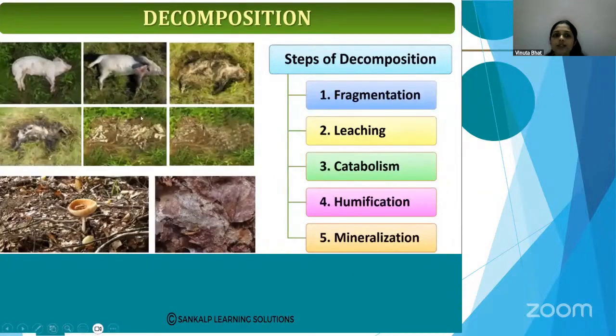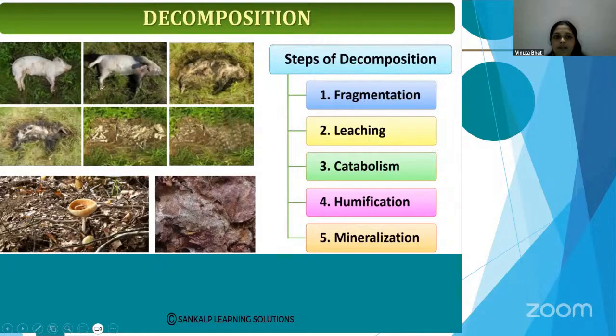Then this decomposition takes place in five steps: fragmentation, leaching, catabolism, humification, and mineralization. Very important. In MCQs and 2 mark questions, the steps of decomposition will be asked. Here you can see the dead organism's body, right?